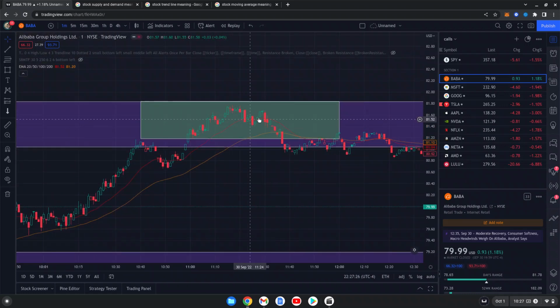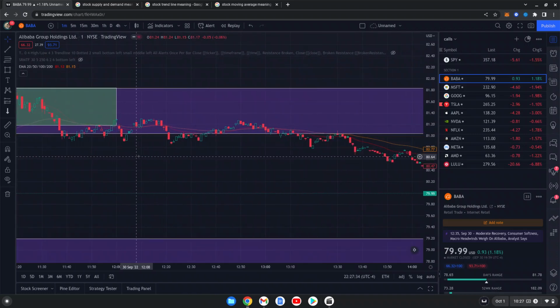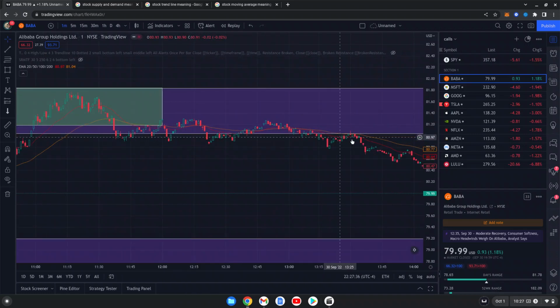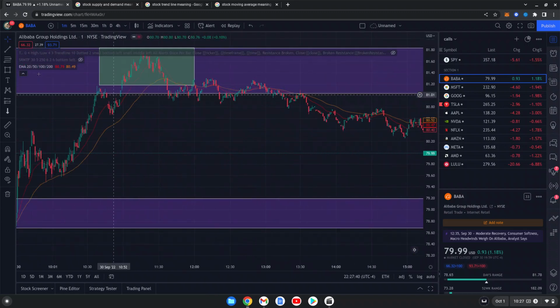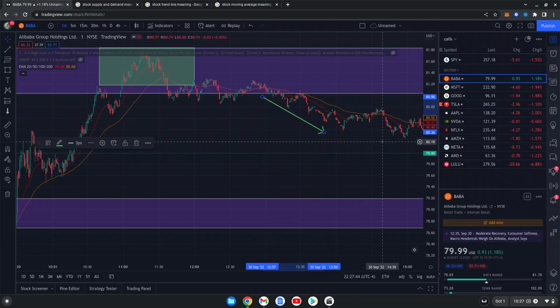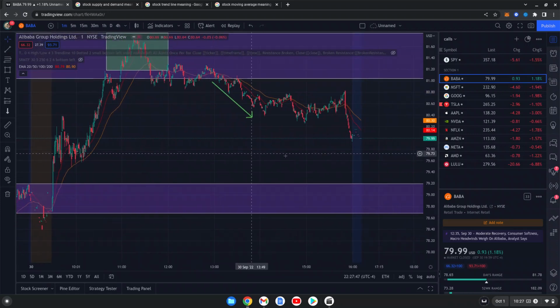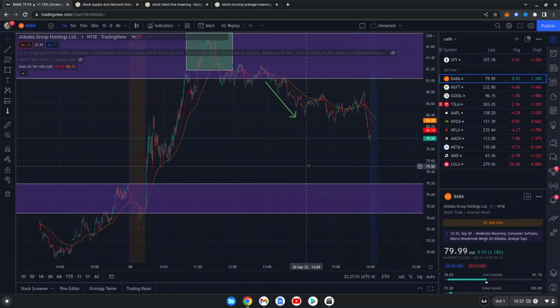So the stock comes into here, and we are seeing if it will trade below our moving averages and start to head down. Sometimes it takes a while, as you can see here, but we finally see it breaks below our moving averages and starts to head down towards our demand level.